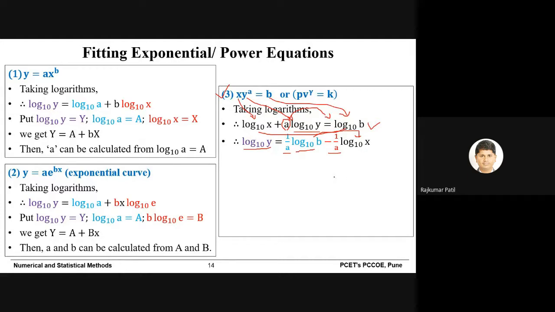The ultimate aim of this is to convert the given equation into the form y is equal to a plus bx.